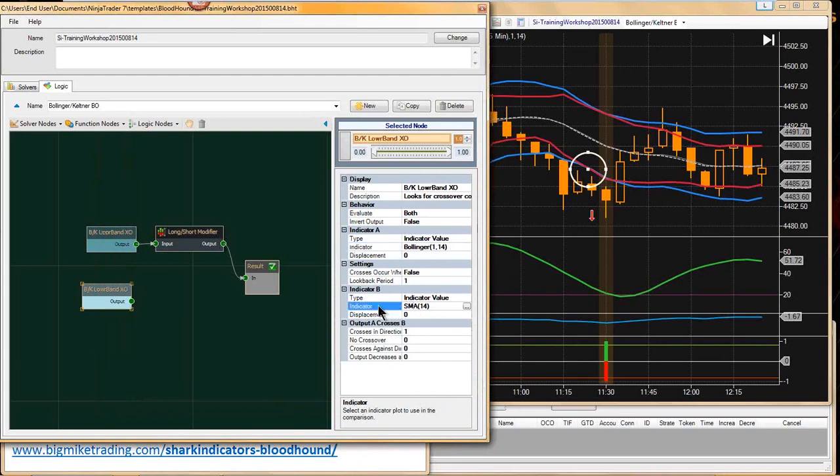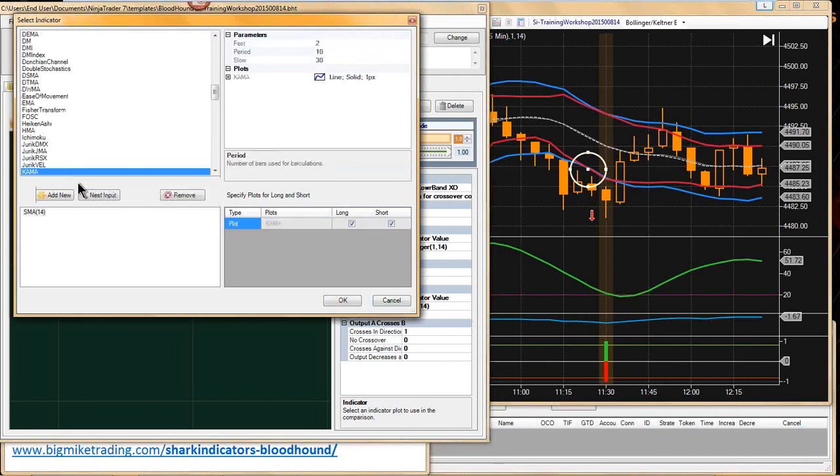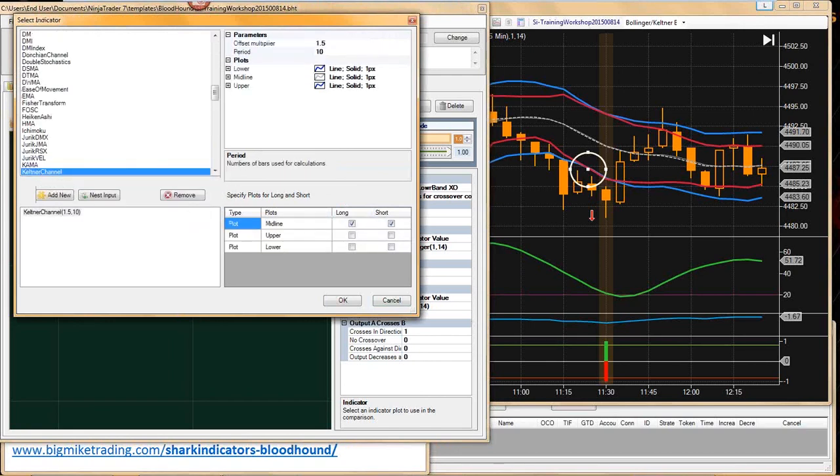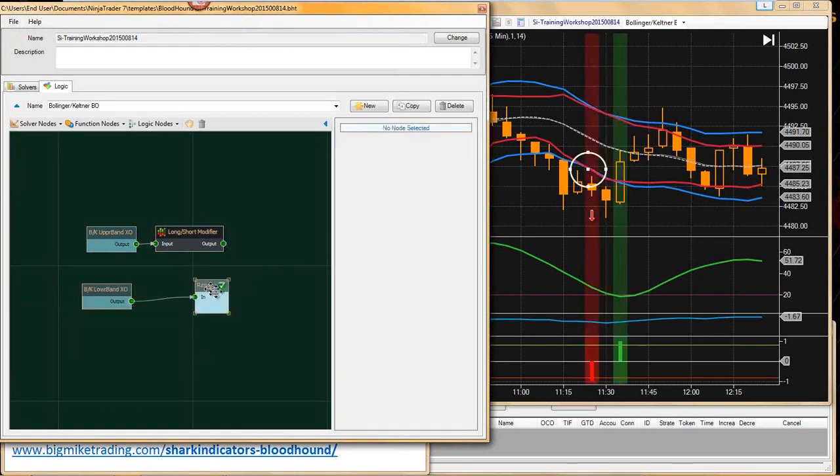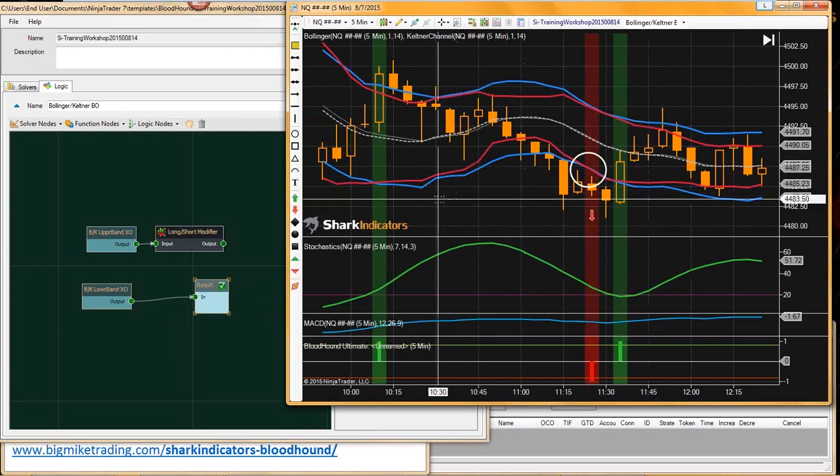All right, now we need to put the Keltner into B. And let's change the settings. There we go, so 1 and 14 again. And we're using the lower band plot. Select that like that. And oh, let's connect that guy up. Okay, so there we go.